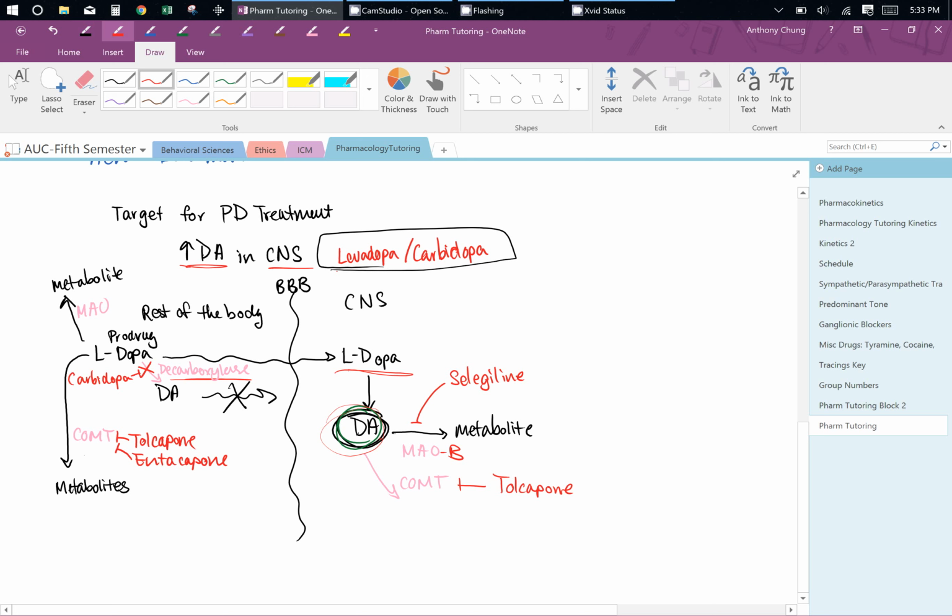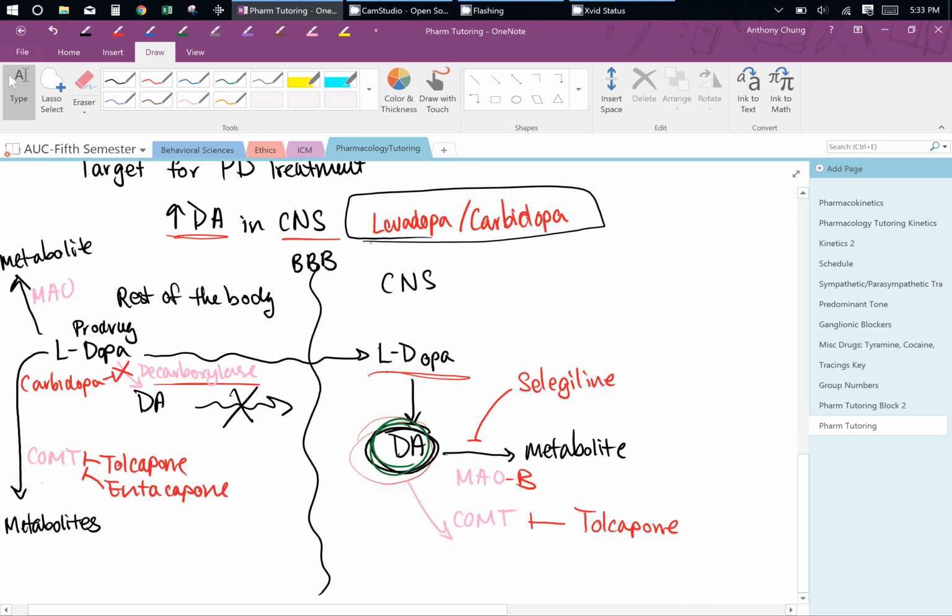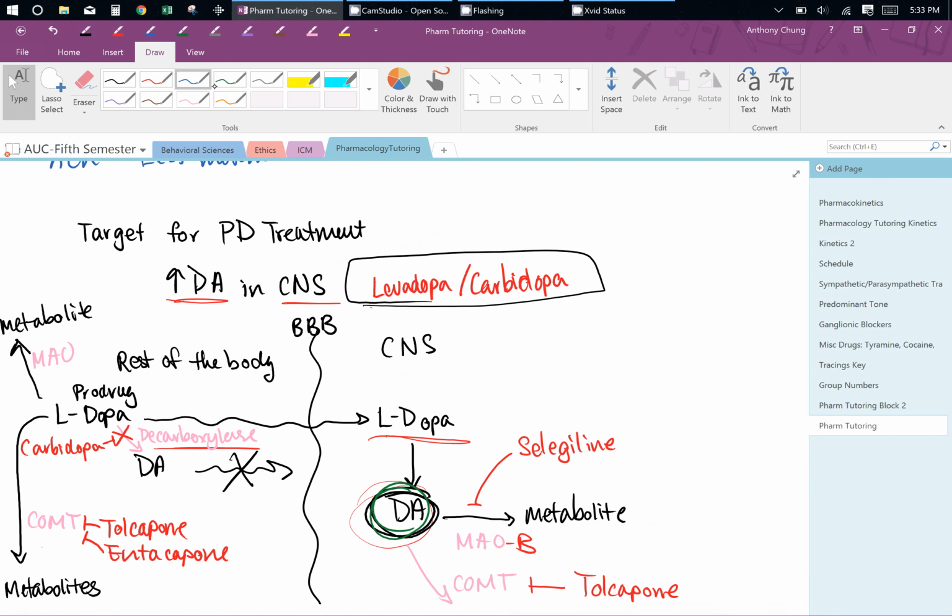What were those again? Which one? Levodopa, carbidopa. Another combination is levodopa and selegiline. Okay, so first what you want to try for Parkinson's is levodopa-carbidopa. If that doesn't work, you can try COMT inhibitors and MAO-B inhibitors. So this is first line.